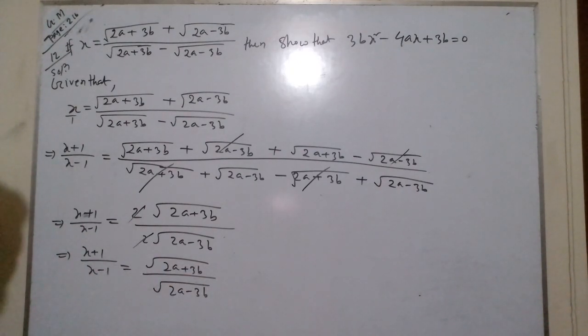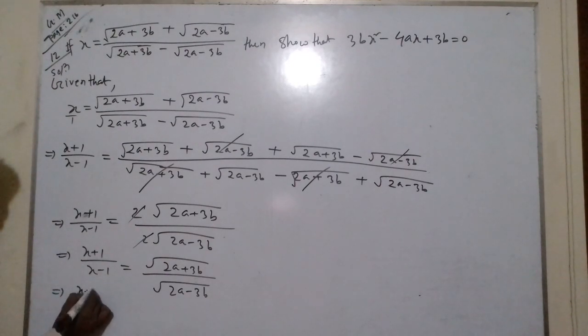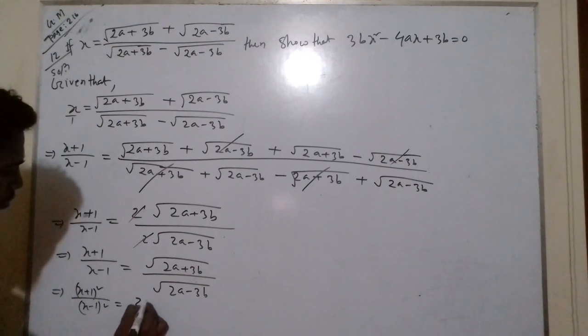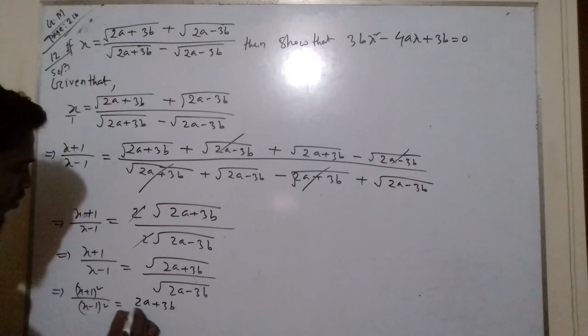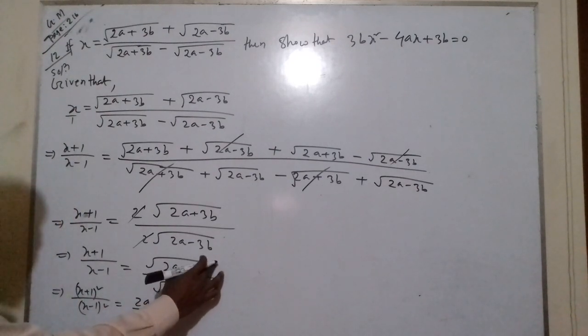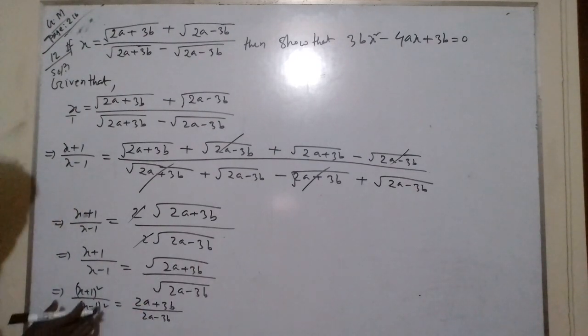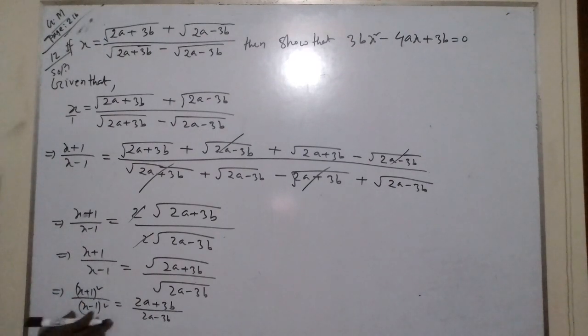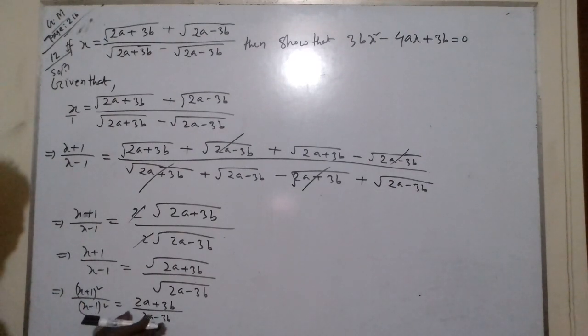So squaring both sides, we have x plus 1 whole square divided by x minus 1 whole square equals 2a plus 3b divided by 2a minus 3b. If we square both sides, then the square root is removed. So we can write x plus 1 whole square divided by x minus 1 whole square equals 2a plus 3b divided by 2a minus 3b.